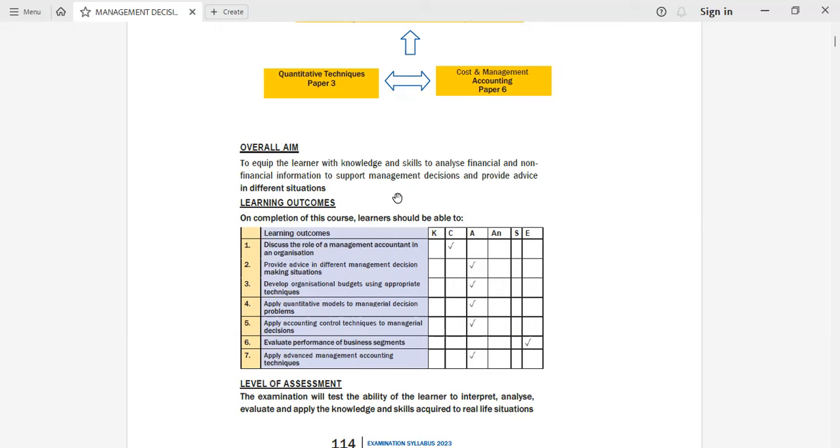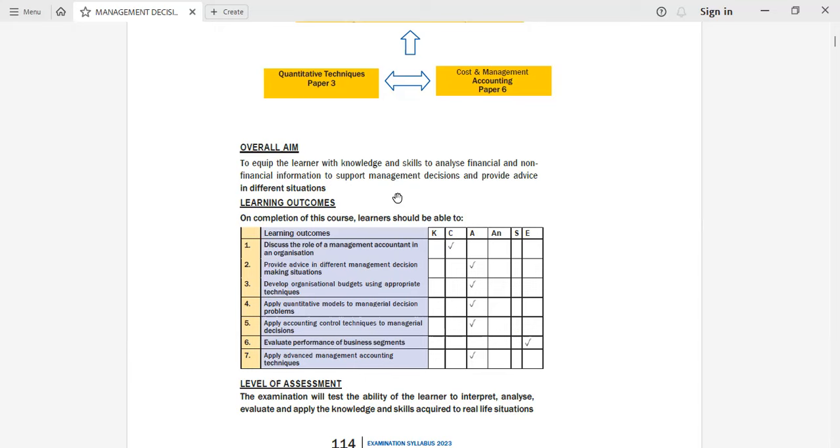So the last learning outcome is that we apply advanced management accounting techniques.